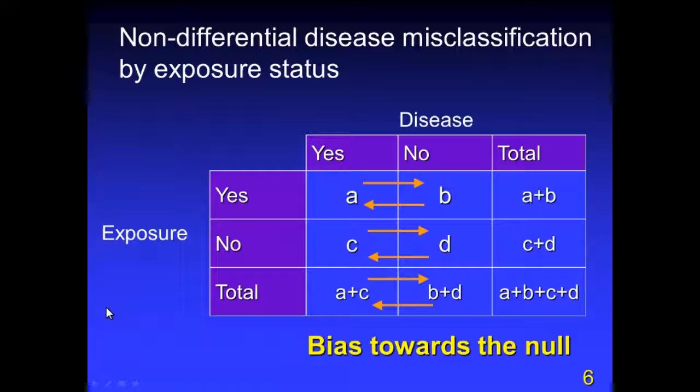So if the true relative risk is, say, 3, then after this misclassification takes place, it may reduce to, say, 2. Or if the true relative risk is 0.5, the misclassification might make it, for example, become 0.8, but always towards the null.